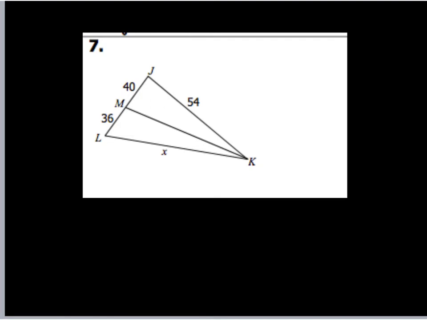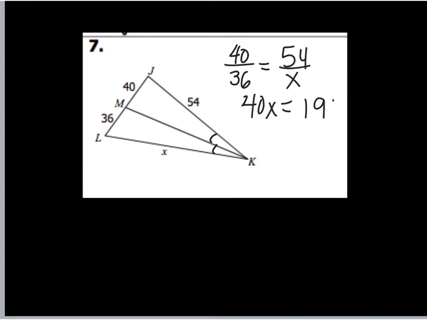As soon as I know that, I'm inclined to mark the angle so that I can see they're similar, and I can set them up as a proportion. This one is going to be bottom over bottom, the bottom of one triangle over the bottom of the other triangle, equal to the side of one over the side of another. We cross multiply and get 40x is equal to 1944.